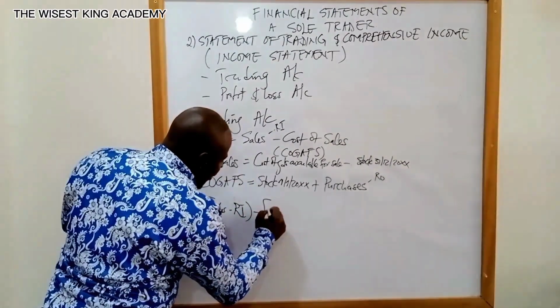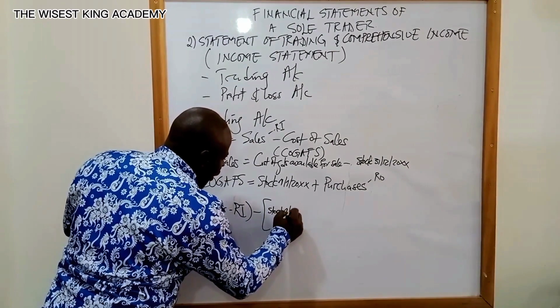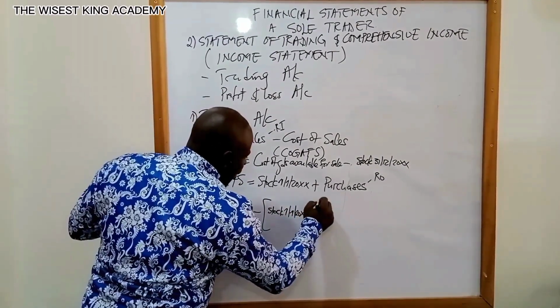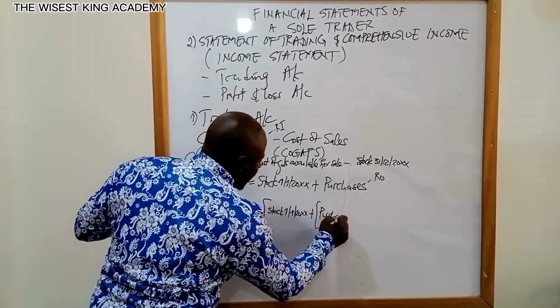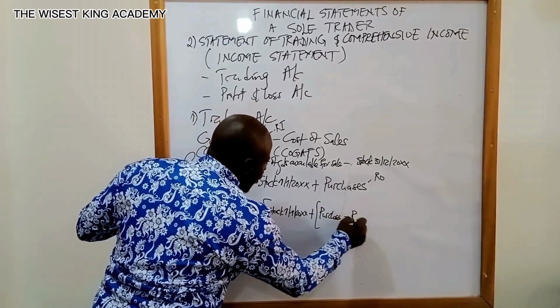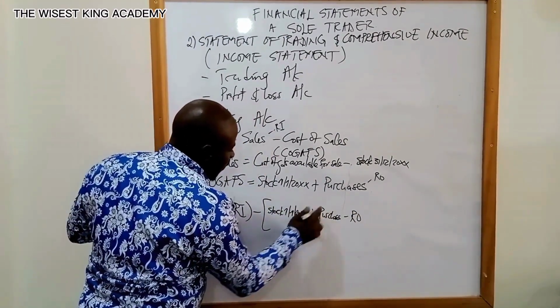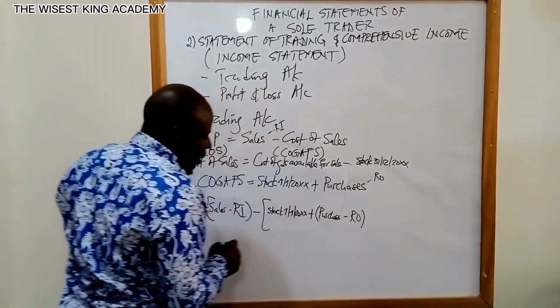Now I will take opening stock, that is stock as at 1st of January 2000XX, plus, I open a big bracket, I'll have purchases. From purchases, I'll subtract my returns outwards.